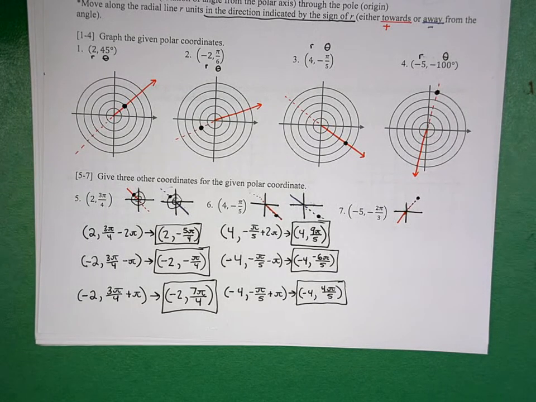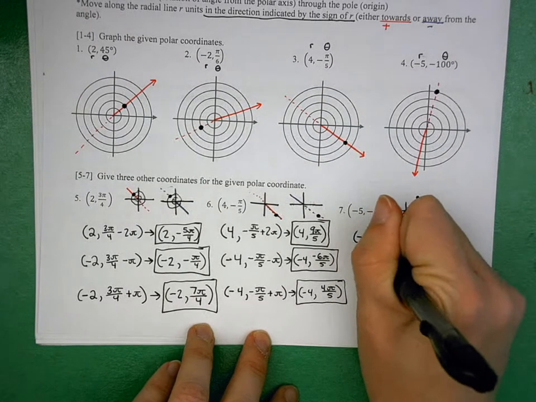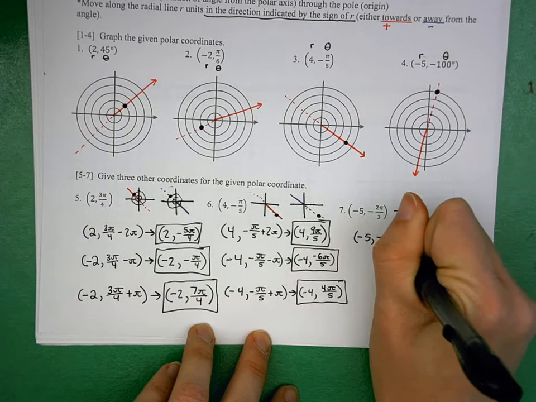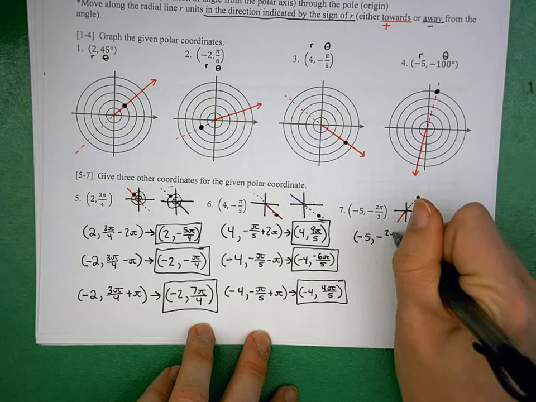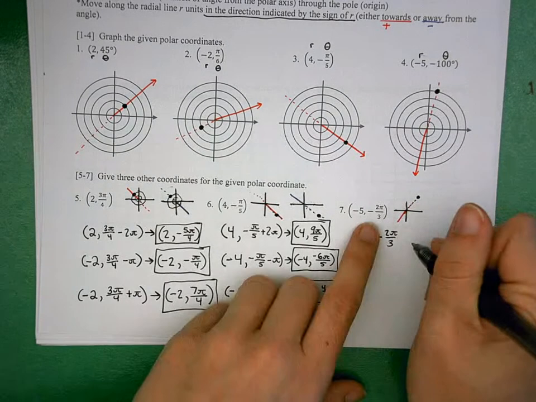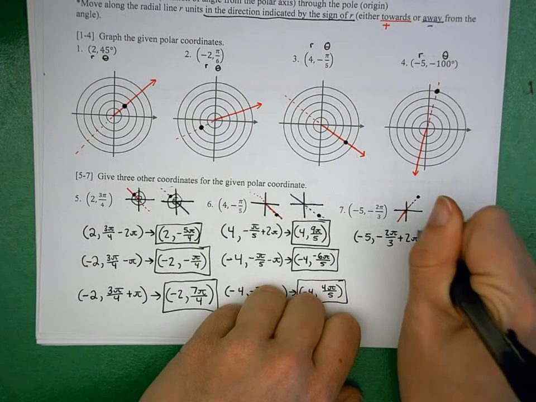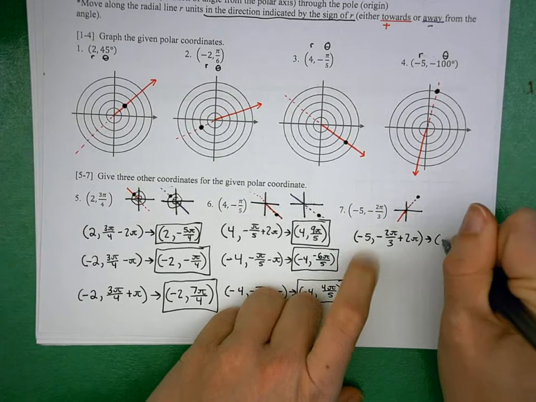Okay, so first up we have our same r, but our theta either adding 2 pi to it or subtracting 2 pi. Here we're going to add 2 pi because subtracting 2 pi would put me less than negative 2 pi. This is already negative, so I'm going to add 2 pi to it. So my r is still negative 5.